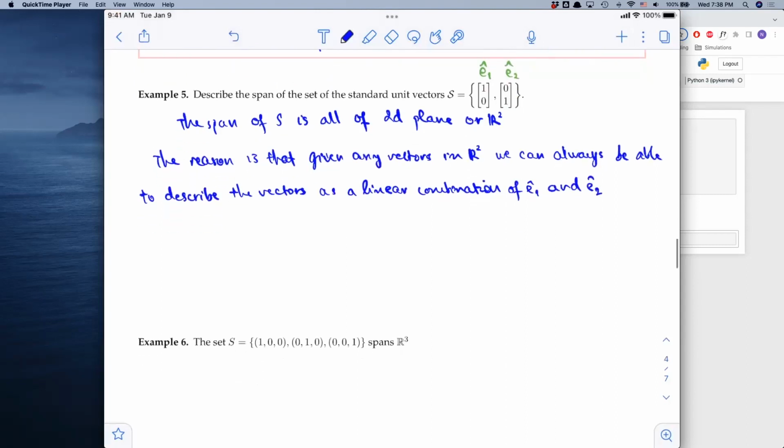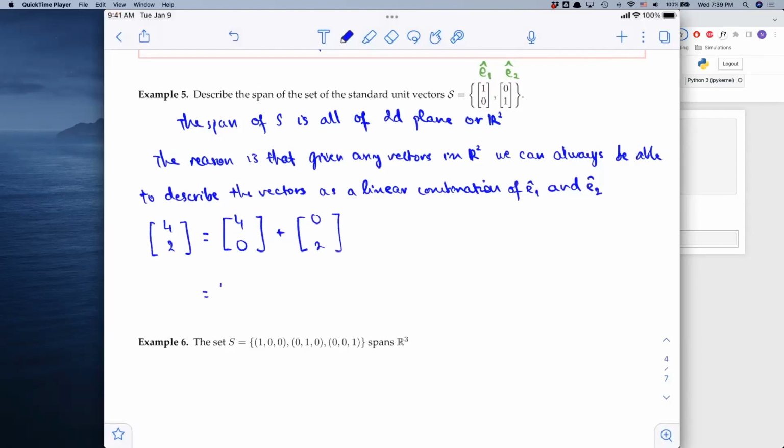All right. So give me any vector, right? For example, I have a vector of the form 4, comma 2. Or I can write this as a column vector to match what we have over here. This column vector 4, 2 can be separated into a sum of two vectors. So that is 4, 0 plus 0, 2, right?